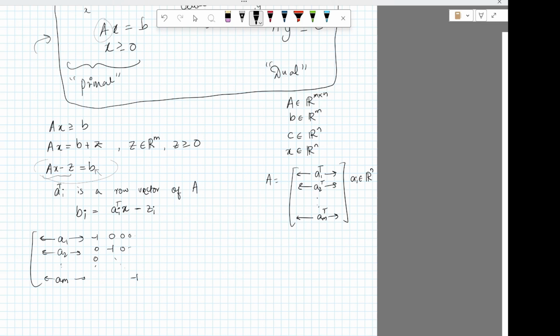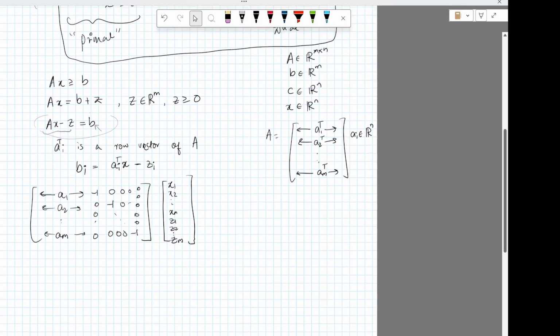So I have some sort of an identity, like all the diagonals are minus 1. Times x1, x2 till xn, and z1, z2 till zm.